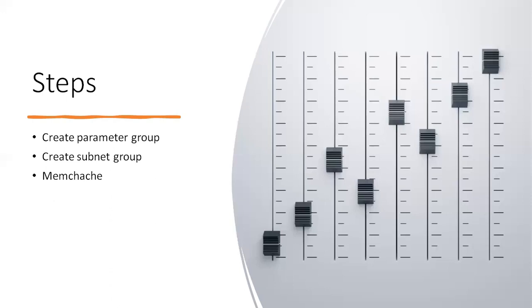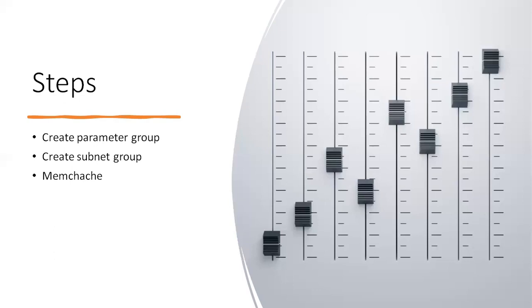In-memory caching improves application performance by storing critical pieces of data in memory for low-latency access. Cached information may include the results of input-output intensive database queries or the results of computationally intensive calculations.